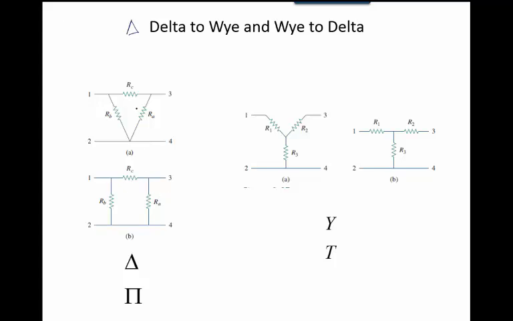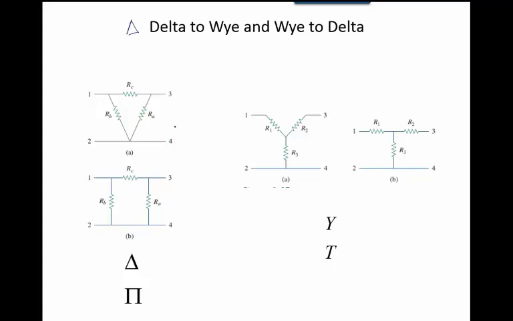So this one's called a delta circuit, but this one's called a pi circuit. So sometimes when people talk about delta to Y's, they'll say it's a pi to something. And that's because this is the Y circuit, Y after the name person here. Here's a Y circuit, but if I just bend the leads differently, it becomes a T circuit.